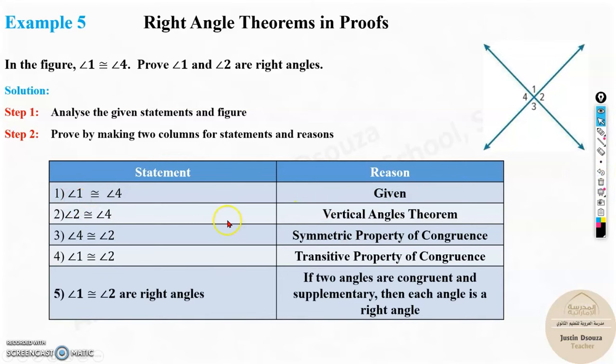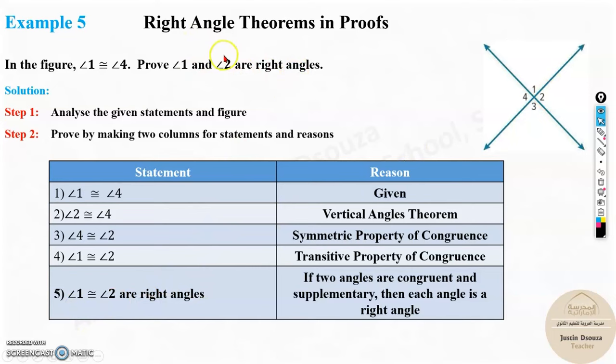And now lastly, if we know 1 is congruent to 2, these both are right angles. Why? Because they're supplementary, right? Over here you can see it's a straight line, it's supplementary. If two angles are congruent and supplementary, each of them must be a right angle. That is the right angle theorem which we just came across in this video. So this is how we can prove them to be right angles.